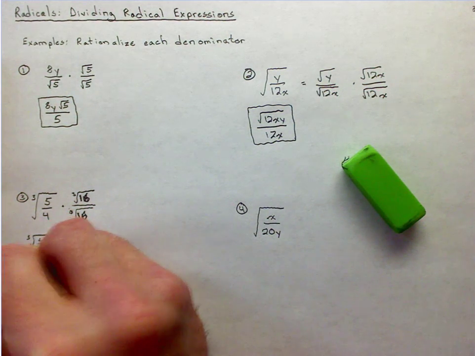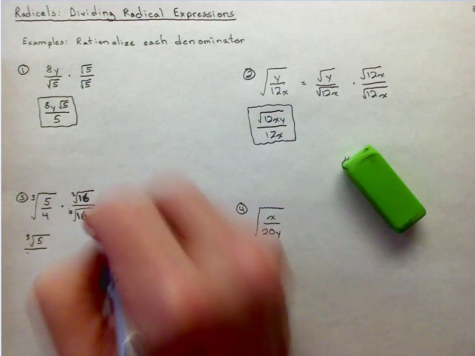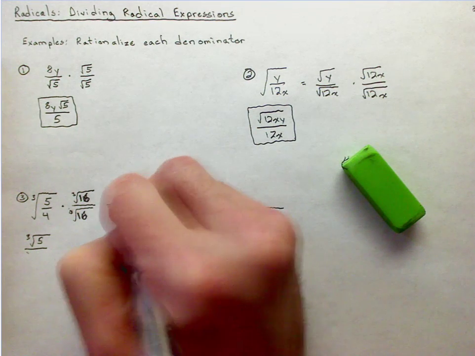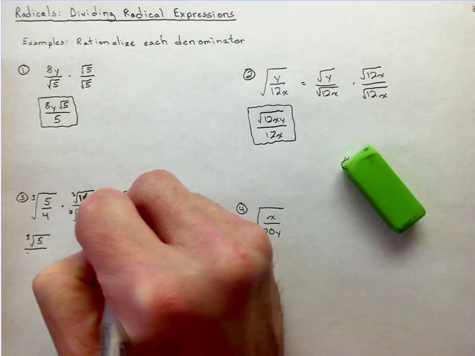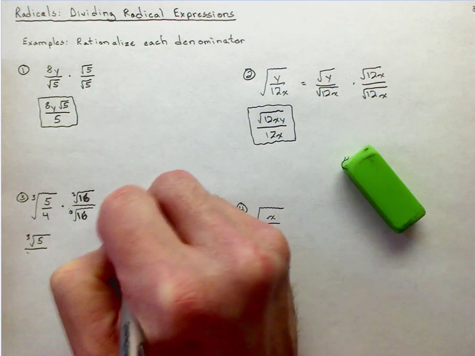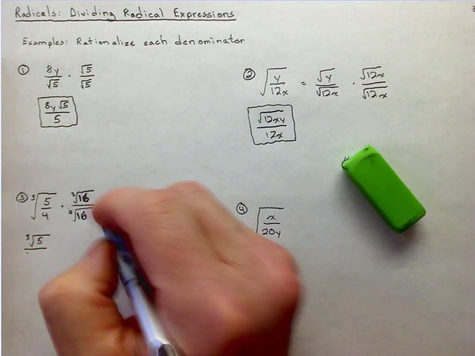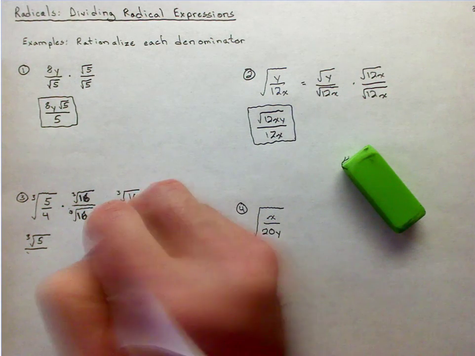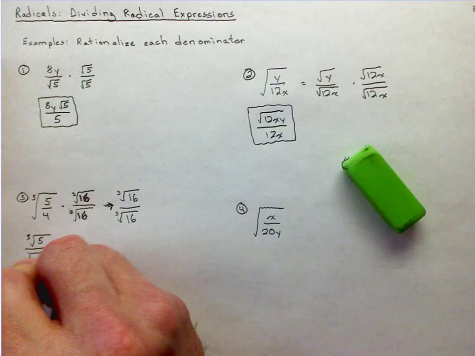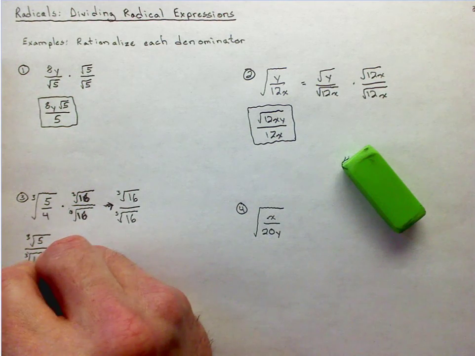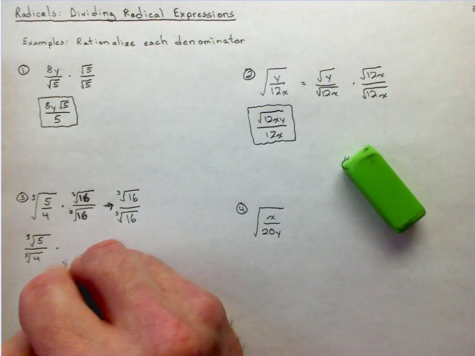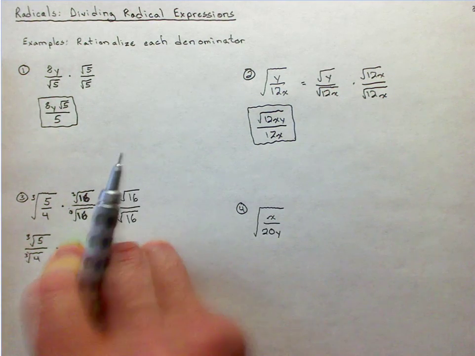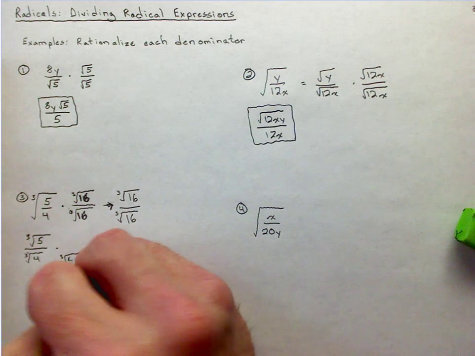I have the cube root of 5 over, and here, let me make sure. That's what this is. And we'll actually work it out and write it like this. 4 times 4.